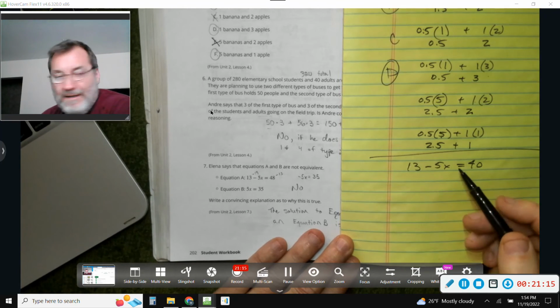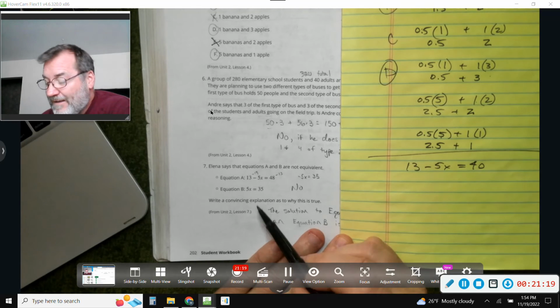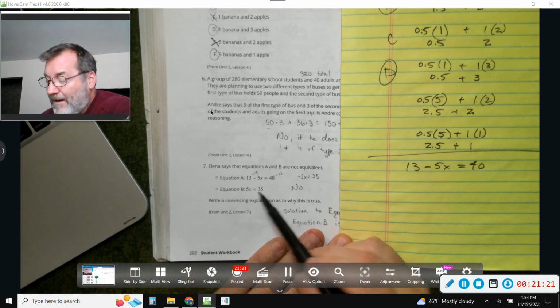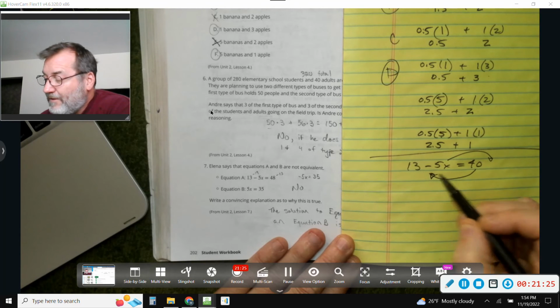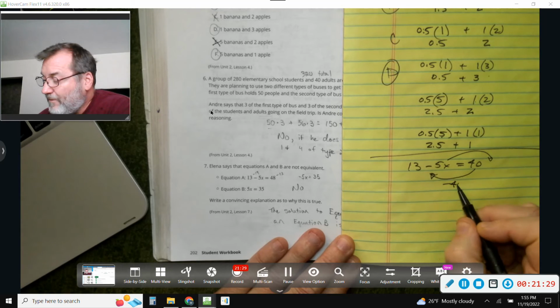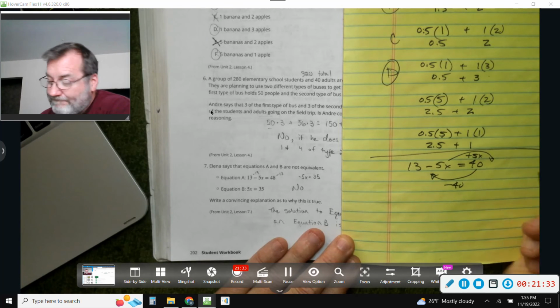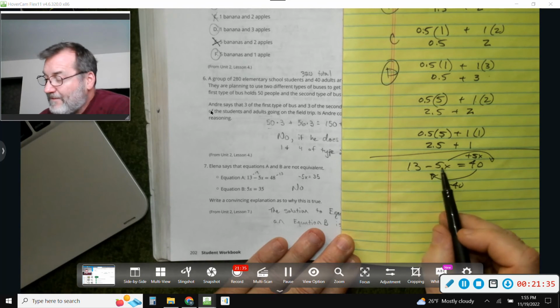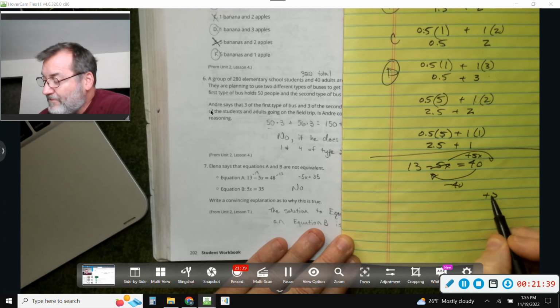You got a couple of ways. Again, with algebra, there's always more than one way to solve this stuff. I'm going to move the 5x over to here, and I'll put all the numbers over here. How do I do that? Well, I have to subtract 40 from each side, and then I have to add 5x to each side. So when I add 5x to this side, it goes away here, and it comes over on this side. So there's your plus 5x.